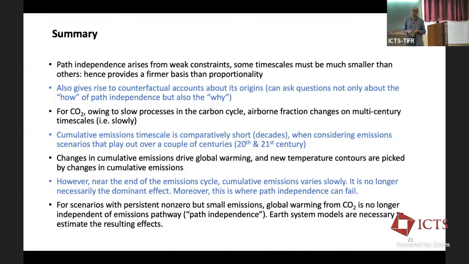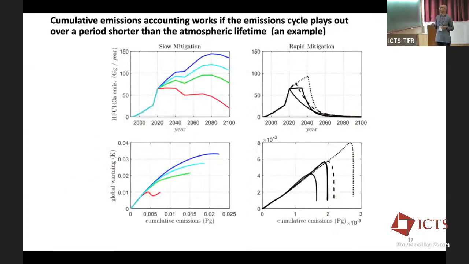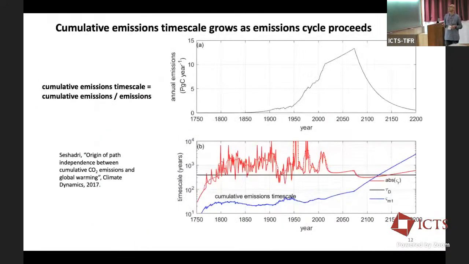Sorry, just to say, why is it that when cumulative emissions start varying slowly, then your path independence fails? I didn't quite get that. That's because when it starts varying slowly, it approaches these other timescales.